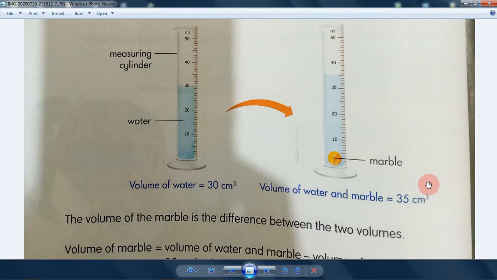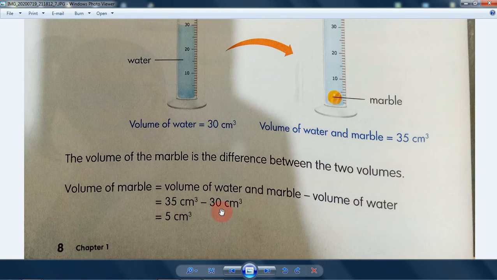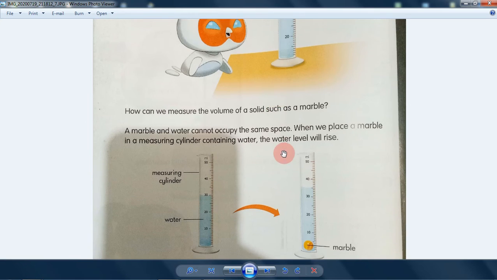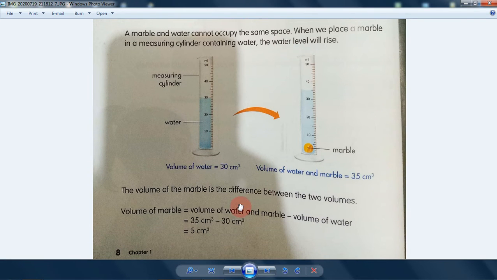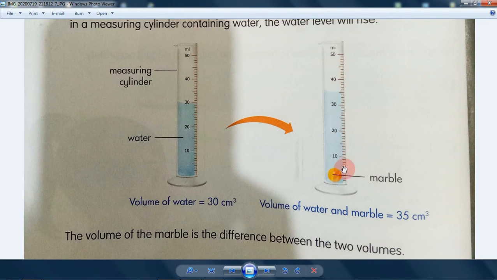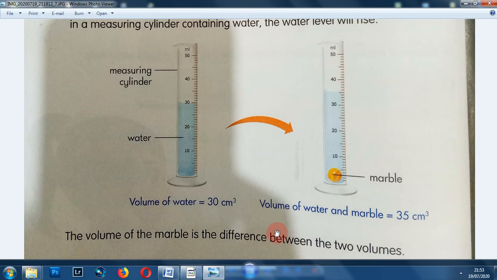So we take 35 minus 30, and then we get 5 centimeter cubic. Easy as that. I hope you understand it. That's how you measure the volume of non-liquid things, for example, like this marble.